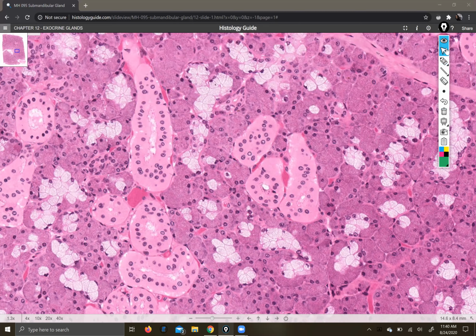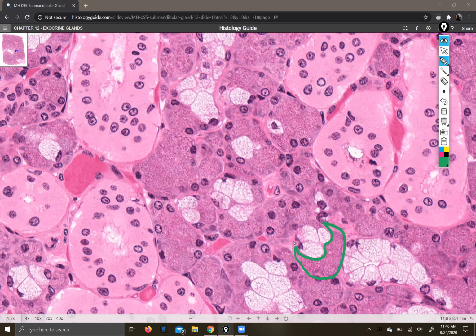Demilune just means half moon. So when serous cells are smushed up against a mucus acinus, they take a crescent moon shape. That's why they're called serous demilunes. There is no difference in function between a serous demilune and a regular old serous acinus. They have the same function, they are just two different shapes. That's all there is to it.